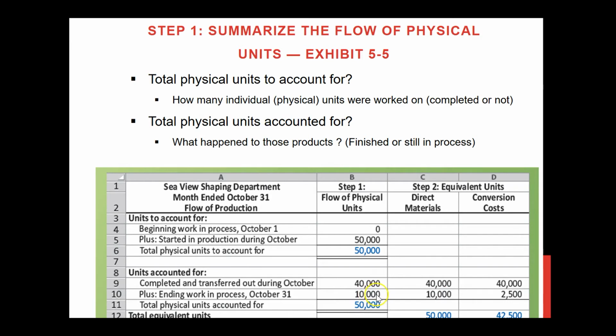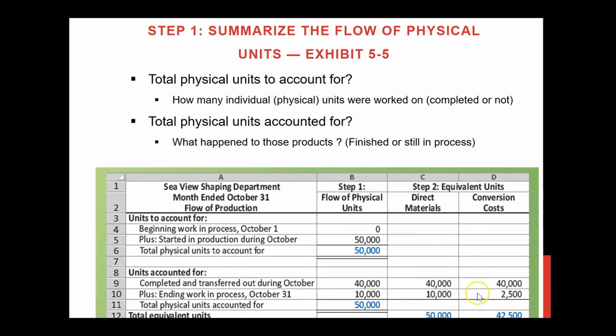Although these 10,000 units are still work in process, the direct material costs are completely incurred. So for the direct material column, we consider the entire 100%, that means all 10,000 units.